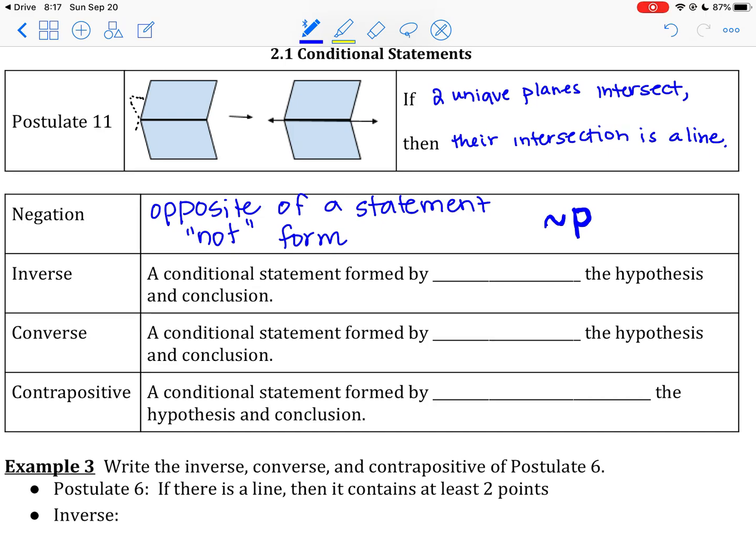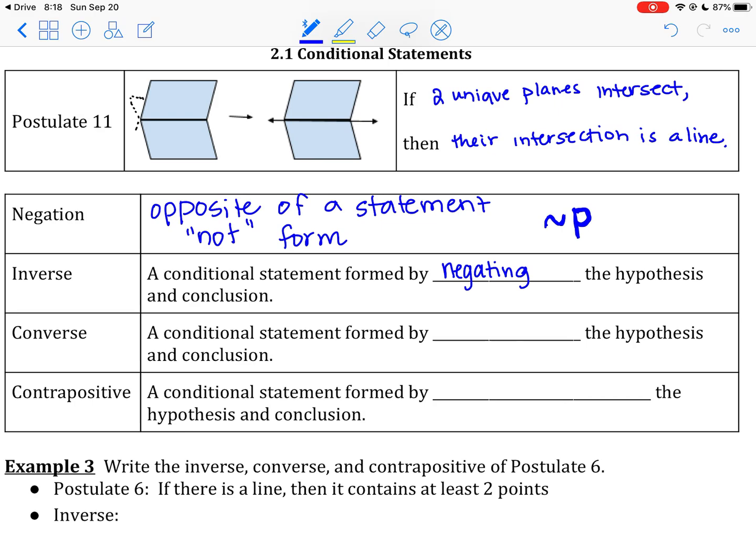So here are some different versions of that conditional statement that we can write. If we are writing the inverse of a conditional statement, that is a new if-then statement formed by negating the hypothesis and conclusion. So to look at this, I'm going to use an example and we'll look at what this means in terms of a conditional statement first.